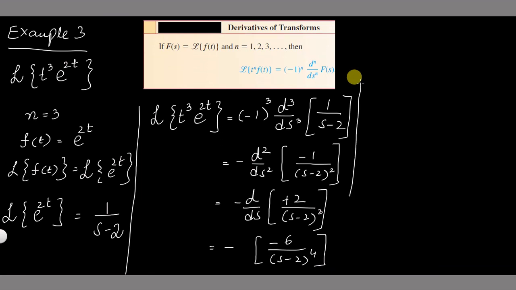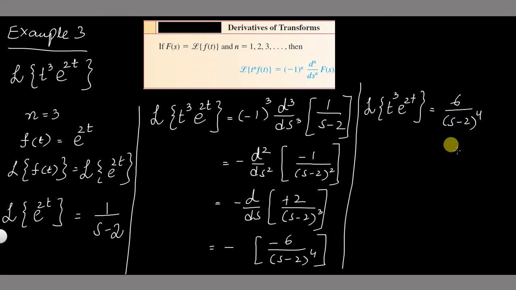So after simplification, finally we will get 6 over s minus 2 raised to the power 4. So this is our final answer for this particular example.